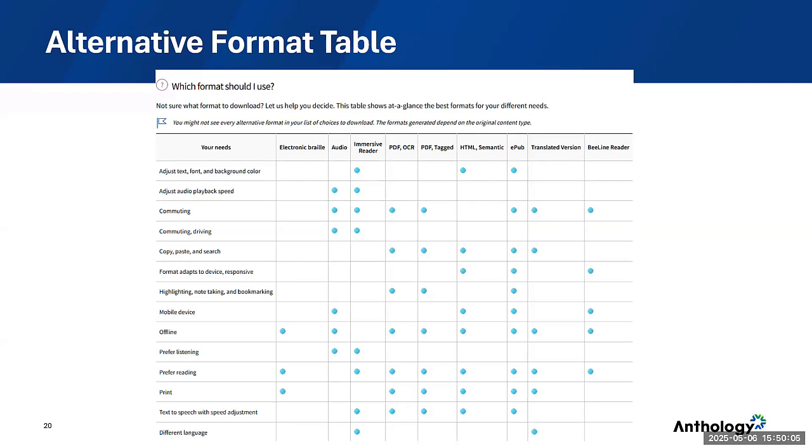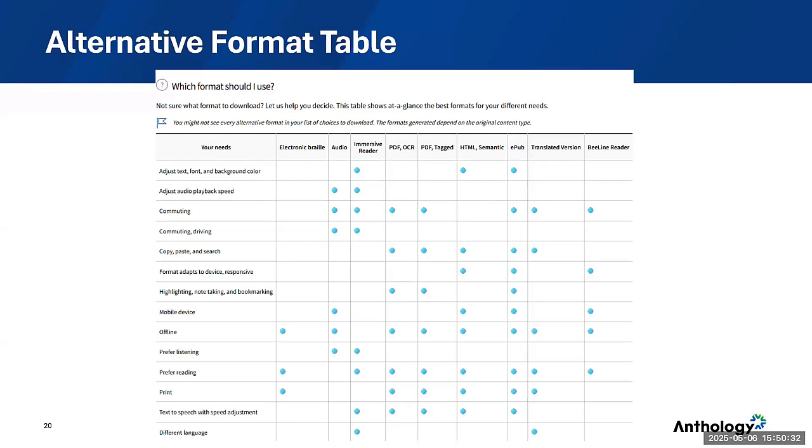Typically what I do in my courses is I have a little tutorial that I record on how to use the alternative formats and some of the benefits. And then I talk through some use cases of them. I kind of even it out. So for specific types of disabilities or impairments, I'll talk through some of the specific formats that would be conducive, and then also larger universal design.